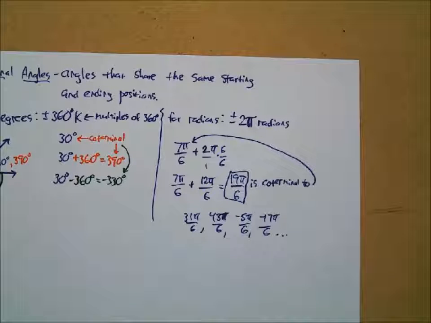Or in our case, 12 pi over 6, because you start at 7 pi over 6, you need a common denominator. So 12 pi over 6 is the common denominator for 2 pi, and then you are in terms of the sixths. So you add multiples of 12 pi over 6 or subtract 12 pi over 6s from 7 pi over 6. Other questions?